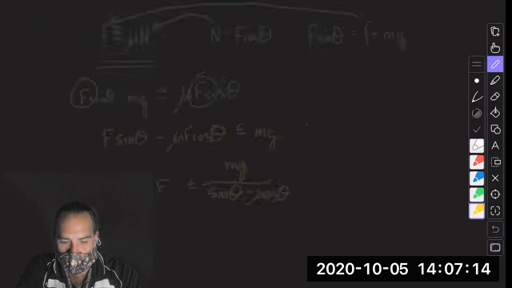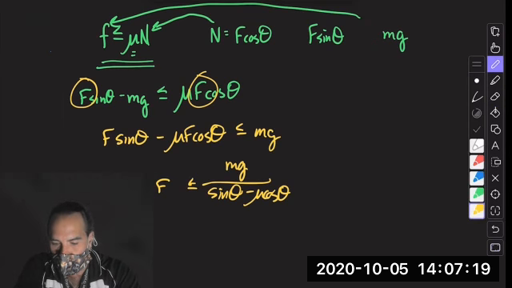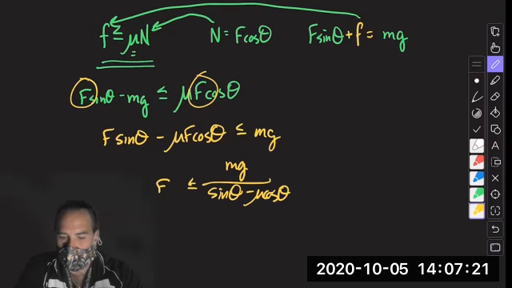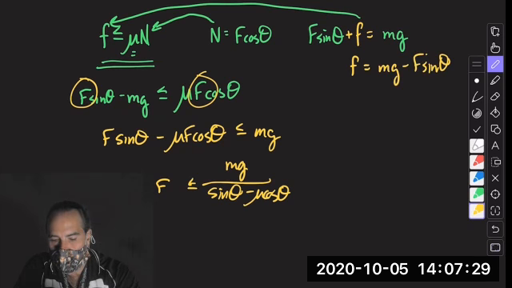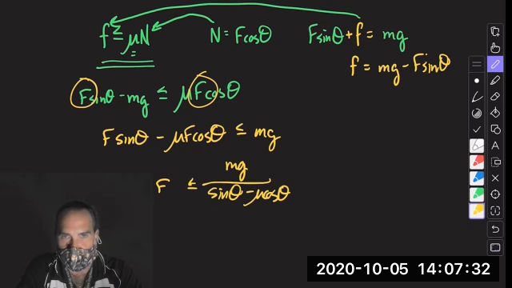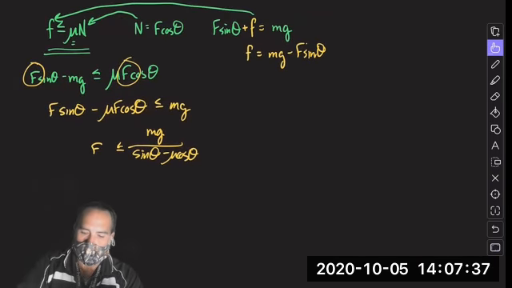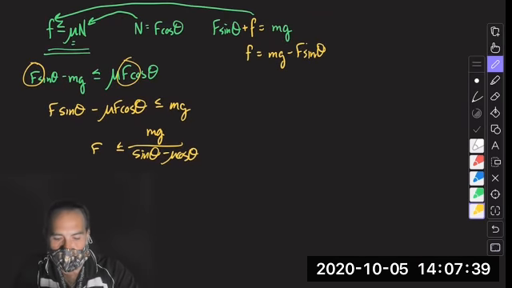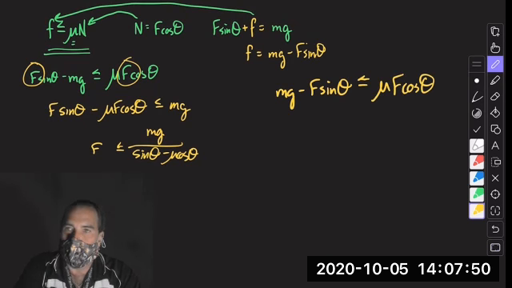And then when I come back over here and look at how it's going to change it here, it's going to change this part still. So I might need an extra step. And now I can substitute. So that I'll get mg minus f sine theta is less than or equal to mu f cosine theta. I still have the same job though.